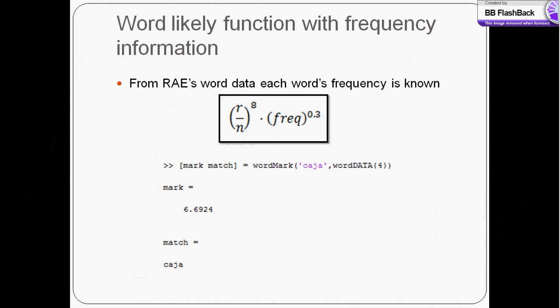But the database I have downloaded from the official website also includes word frequency data, so why not use it? In this direction, I have chosen another function, which is the one inside the square, and I have plotted the mark and the match for the same symbols with this new function.